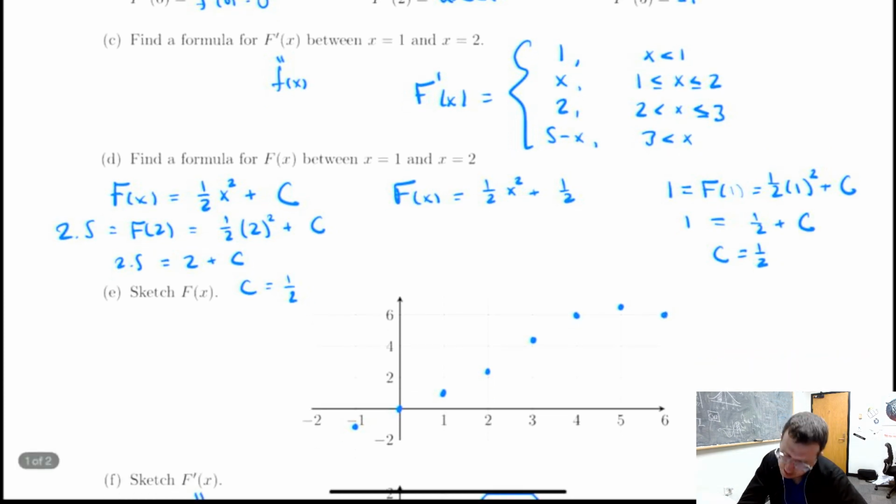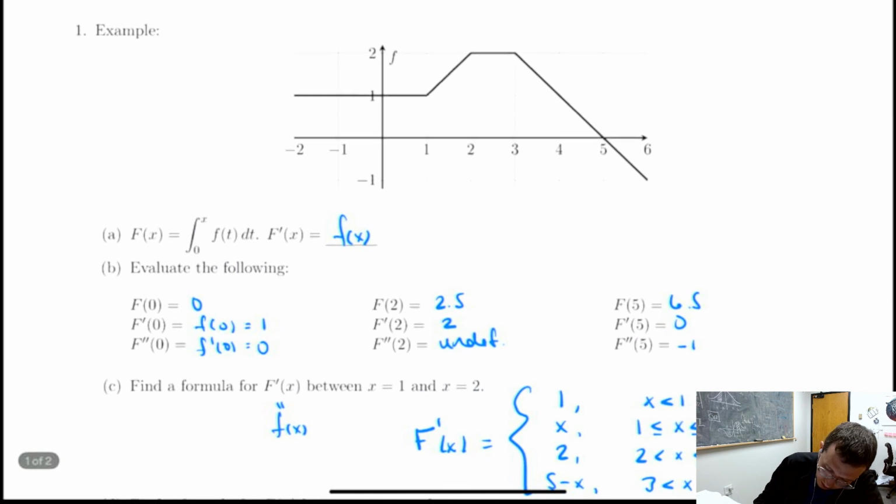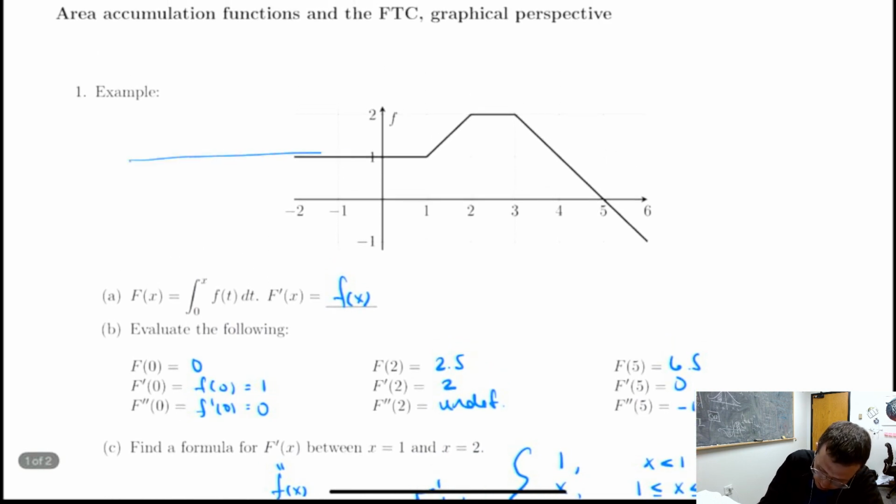F of 6 is 6. Now I should connect all these together all the way up until time 1.